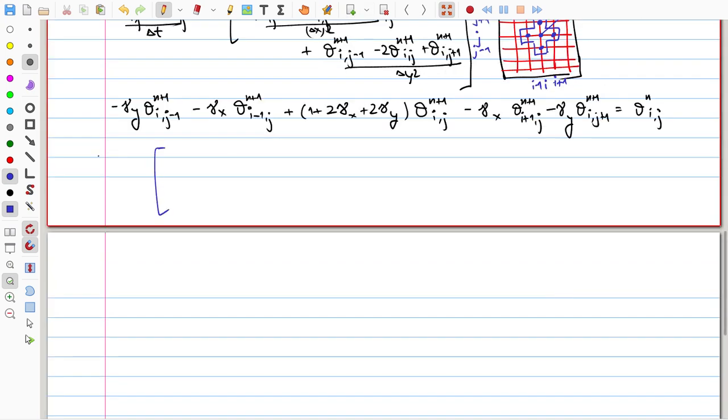Ultimately we want a system like this, where this is your theta vector, all the unknowns. In this vector all you have is all the unknowns, but the unknowns are in a 2-dimensional grid now. So how do I write them in a single list, in a single vector?